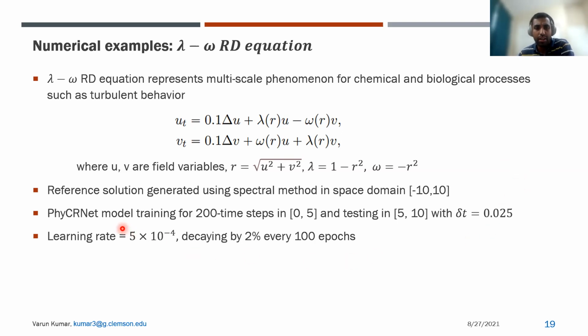The PhyCRNet model is trained using 200 time steps in 0 to 5 seconds, and then testing is done in 5 to 10 seconds with a delta T of 0.025. The learning rate is decaying by 2% every 100 epochs. That is the setup for the training part of their PhyCRNet model.